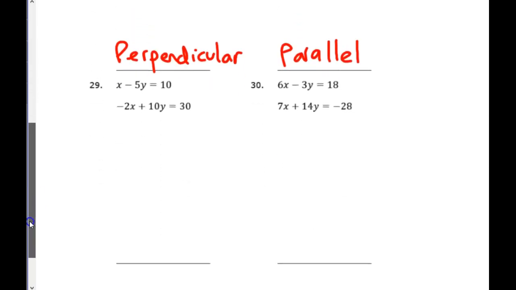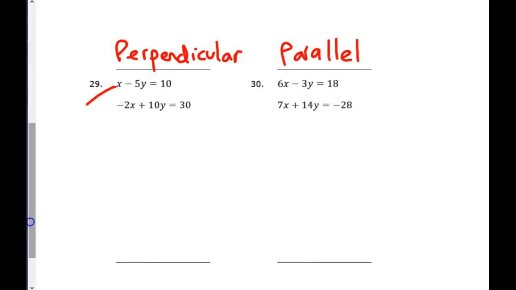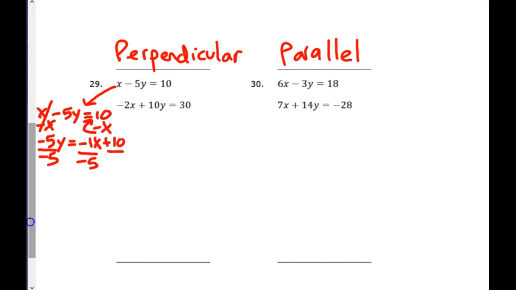Oh my goodness, we're going to have to solve these. So again, minus x, so negative 5y equals minus 1x plus 10 divided by negative 5, y equals 1/5 x minus 2.